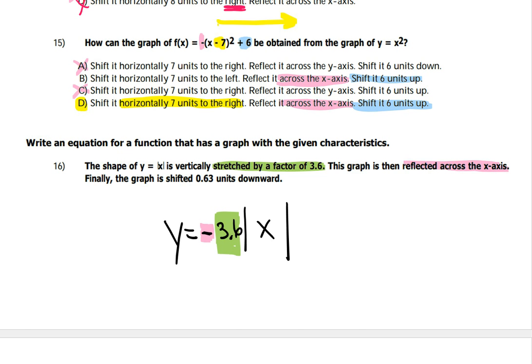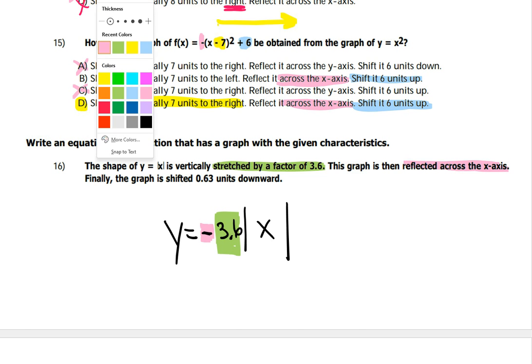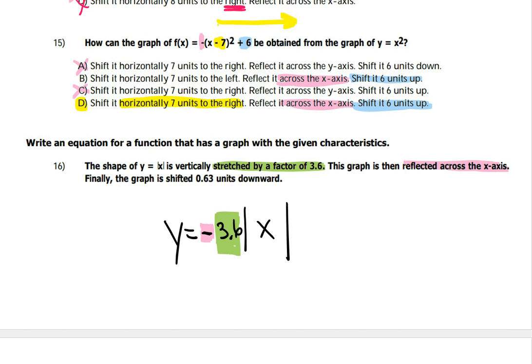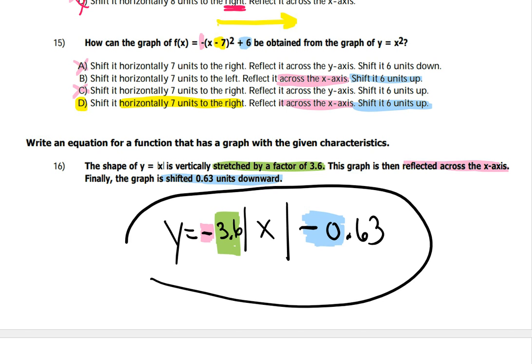And then the last part says it is going to shift 0.63 units downward. So that means, if it goes up or down, there is something added or subtracted outside of the original function, which was the absolute value of x. And since we're going down, it'll be a minus 0.63. That's my answer.